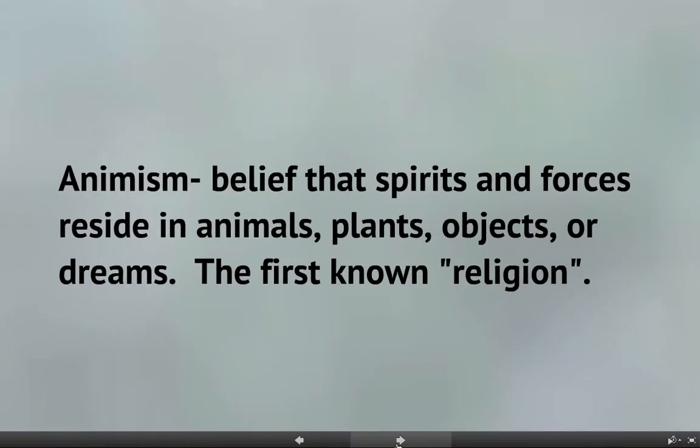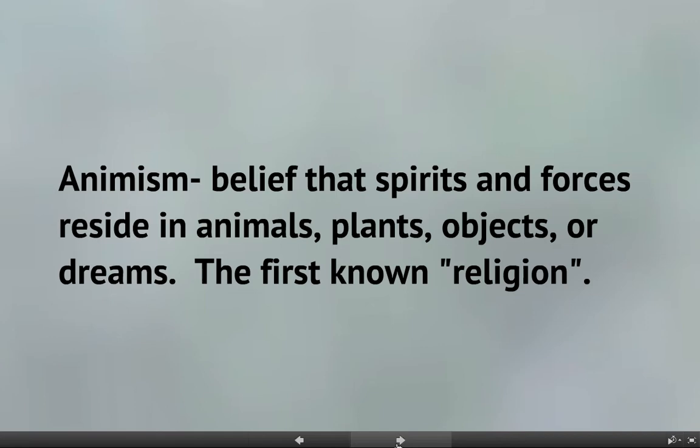This leads to the first type of religion that we're going to talk about this year, and this religion is called animism. Animism is the belief that spirits and forces reside in animals, plants, objects, or dreams. It is the first known religion. Think of Native Americans, right? The types of beliefs that a lot of Native Americans have.